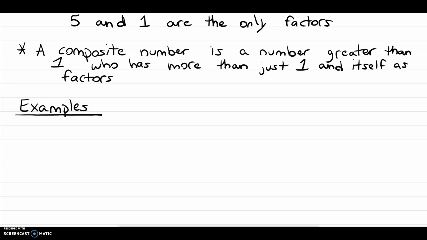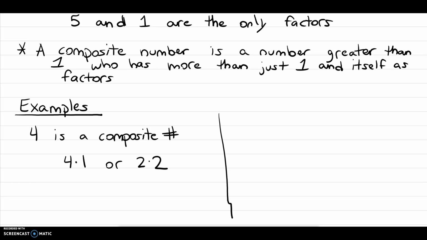So the first example is 4. 4 is a composite number. Remember the factors of 4 are 4 times 1 or 2 times 2. So there it has more than just 4 and 1 as factors.